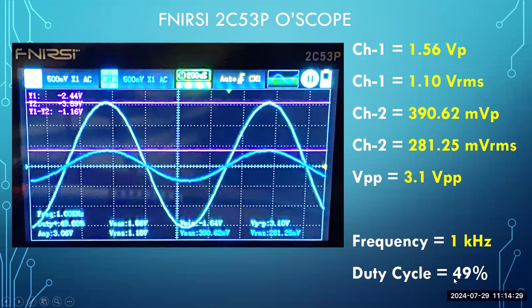Then there's something called duty cycle. I hadn't talked about duty cycle before, but since this happens to show us duty cycle, 49%, duty cycle is the percentage of the positive waveform in comparison to the entire waveform. For the most part, the duty cycle should be 50% or something pretty close to 50%. That means the positive half cycle of this wave is equal in time to the negative half cycle.